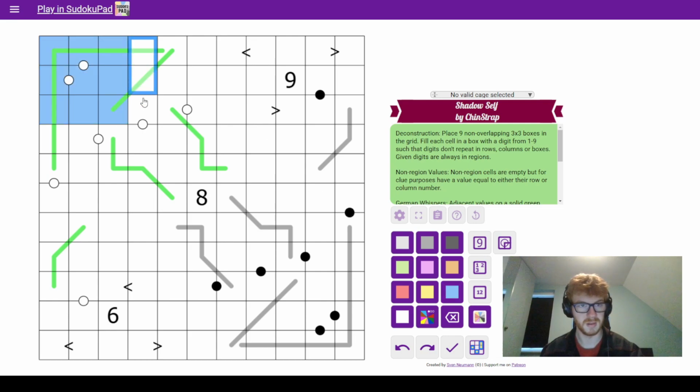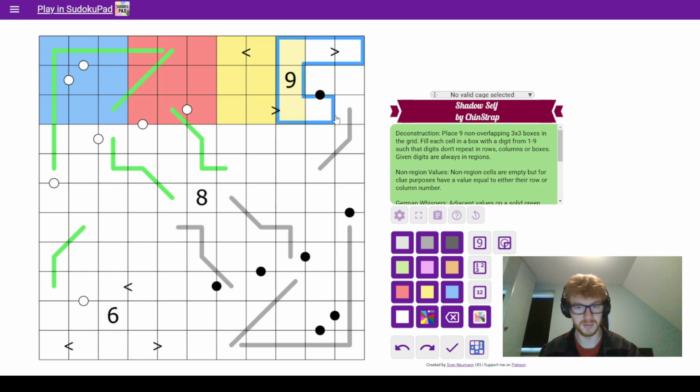If we color this as a 3 by 3, this as a 3 by 3, and this as a 3 by 3, and we cram the same thing the other way, so instead of the three colors I have now, I'm going to shift the colors up by one.